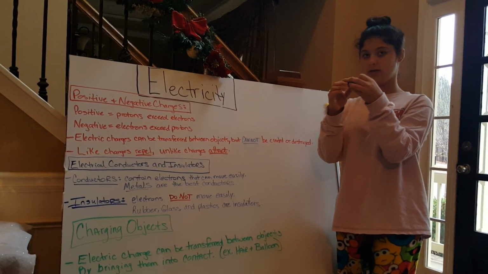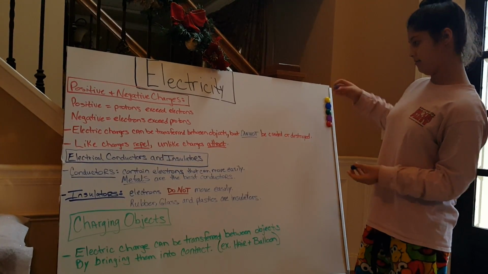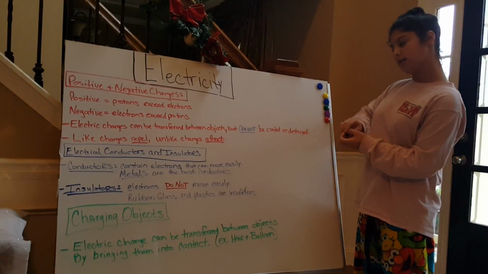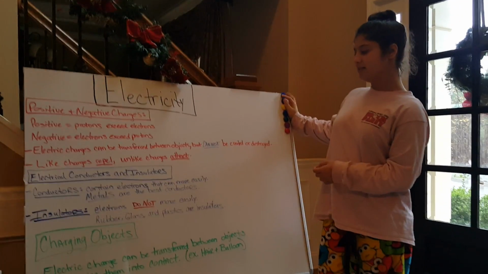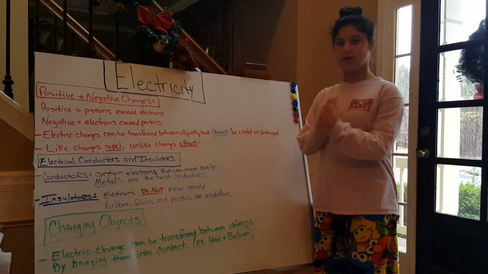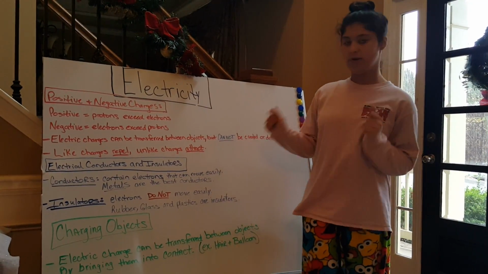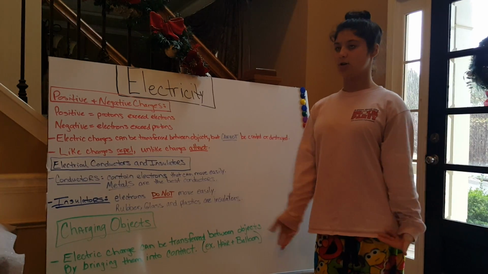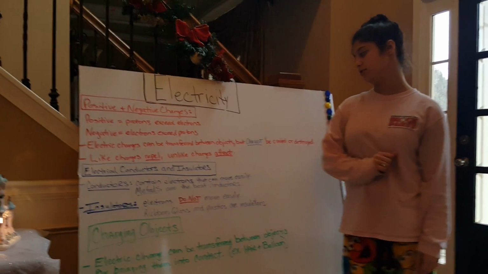You're going to feel resistance between the two. So they're not going to go together. But you can put a positive and negative charge together, and so they will attract.